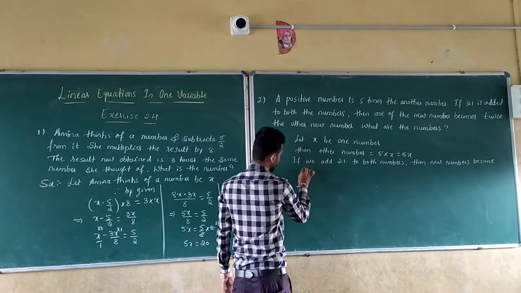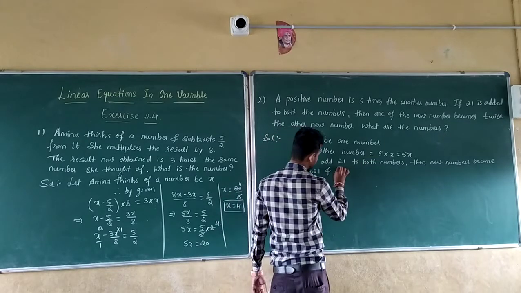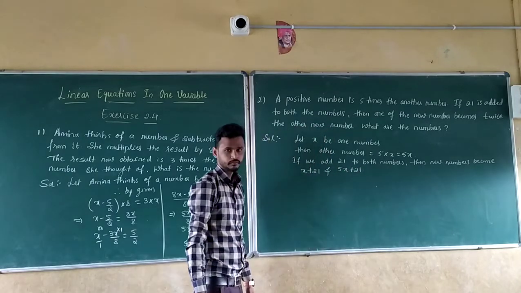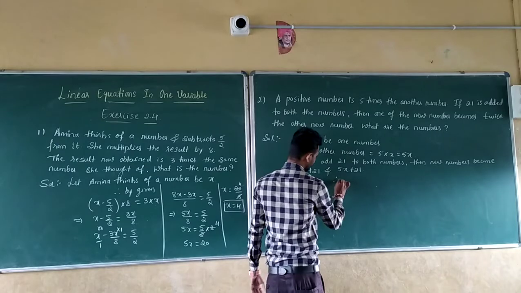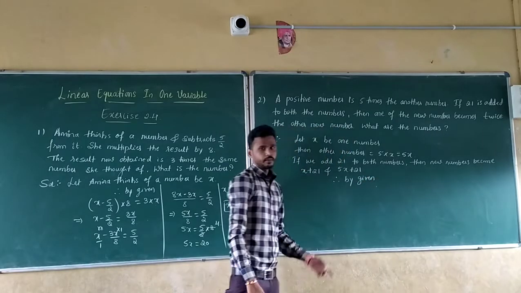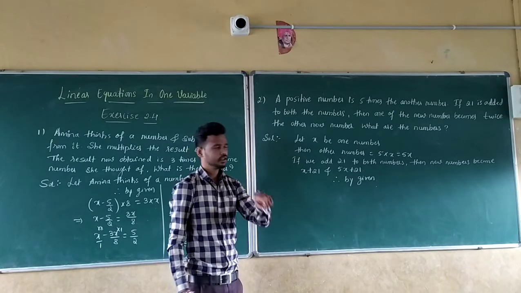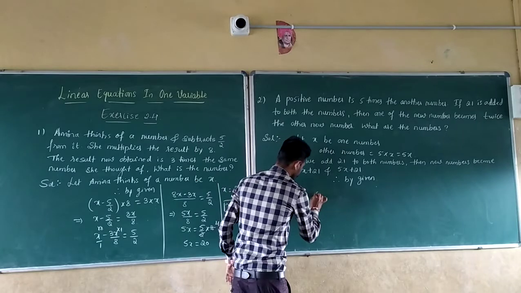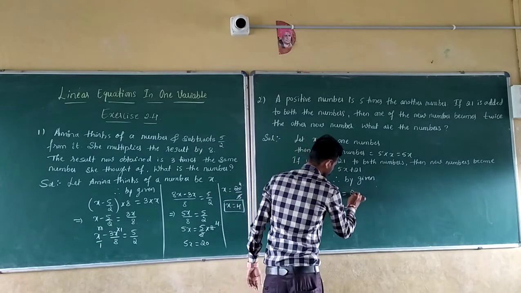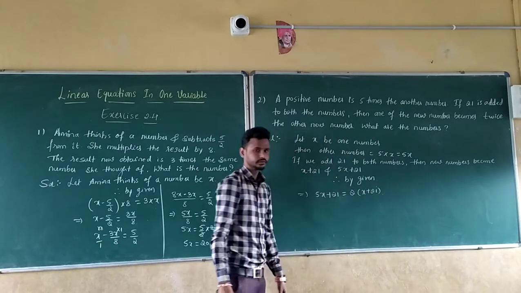The first one, x, will become x plus 21, and the second number, 5x, will become 5x plus 21. So therefore, by the given information, what can we write? After adding 21 to both numbers, one number will become twice the other number. So what can we write now? 5x plus 21 equals twice x plus 21.